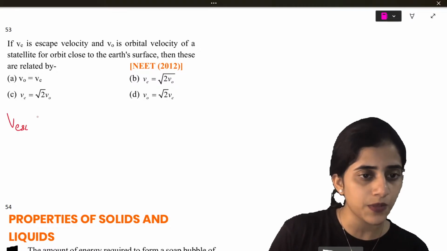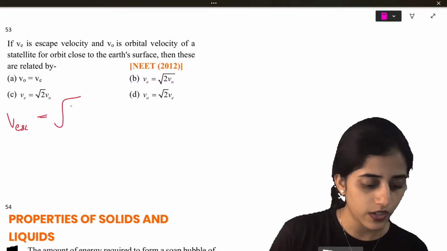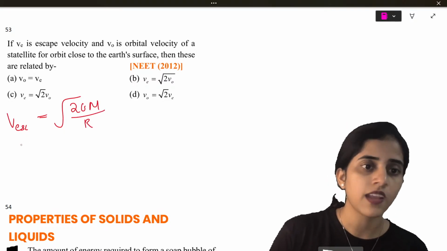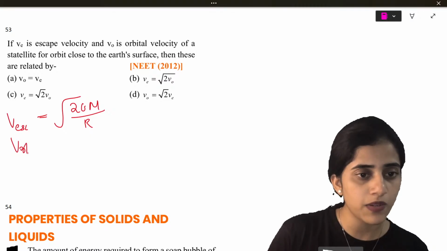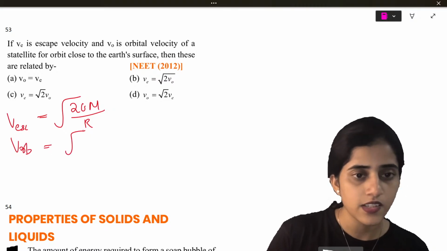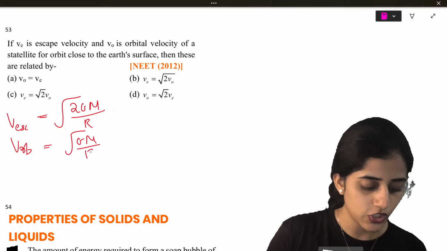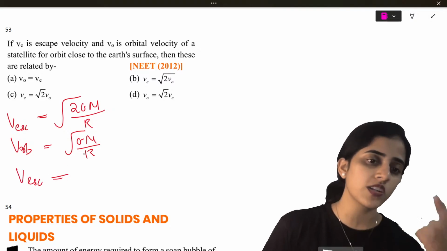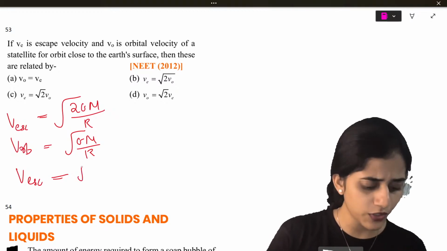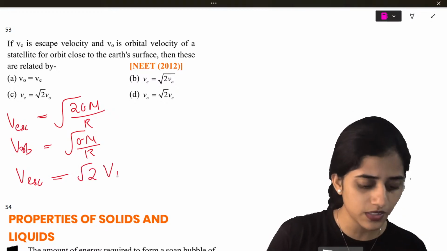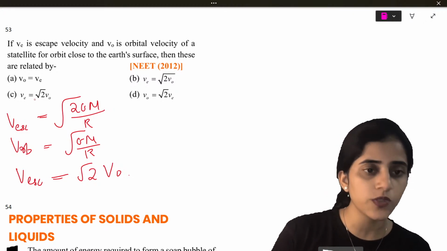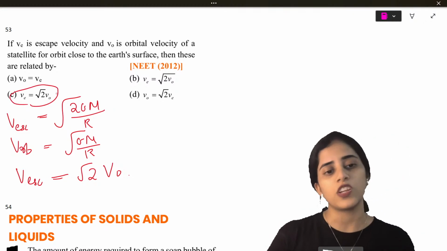V escape is square root of 2GM, the whole divided by R. V orbital is square root of GM by R. What is the difference between the two? Square root of 2, that's all. Square root of 2 times V_0. So the answer is V_E equals square root of 2 V_0.